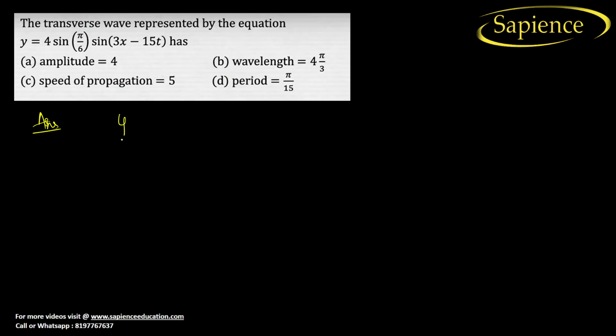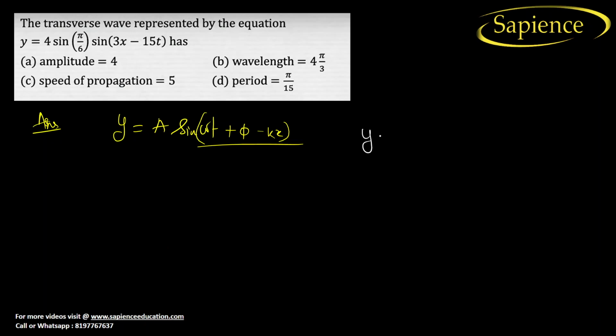So first of all, we know that y is equal to a sin(ωt + φ − kx). Okay, now compare this equation. So I will change the color of the equation.